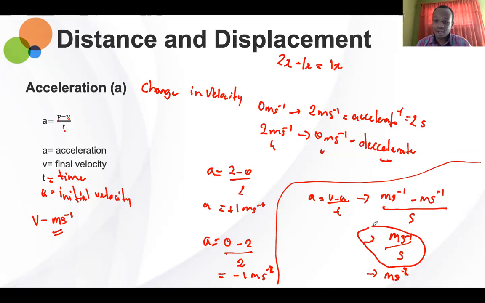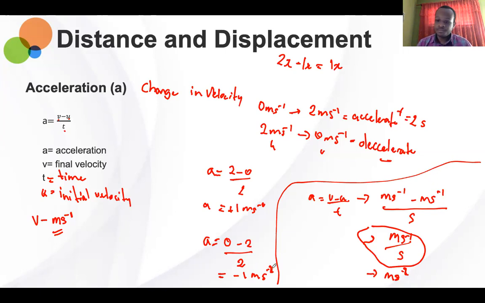So if we had 2 ms minus 1 ms, it would be ms. Just remember that. Units don't really subtract. They only really focus on dividing and multiplying. That's the only time they change.